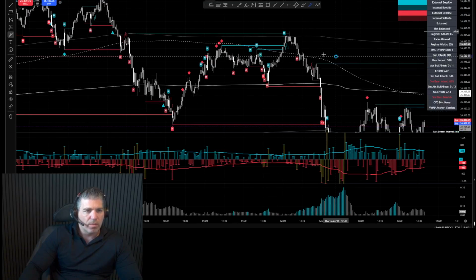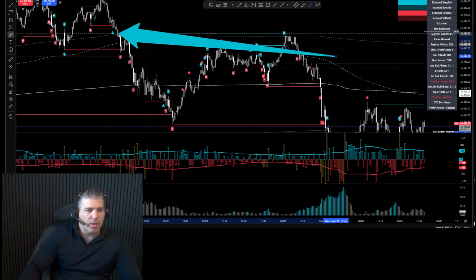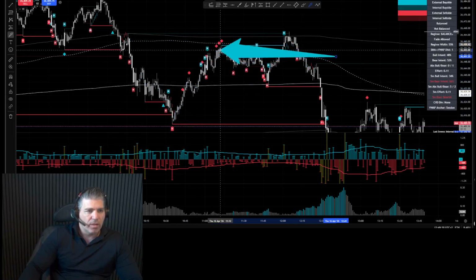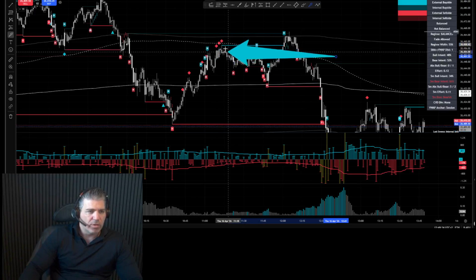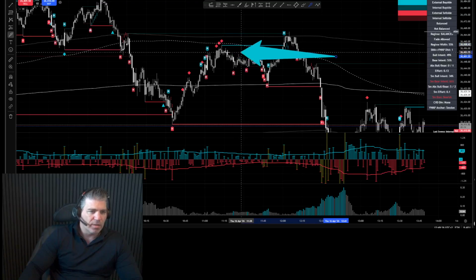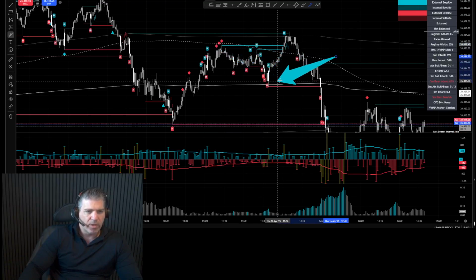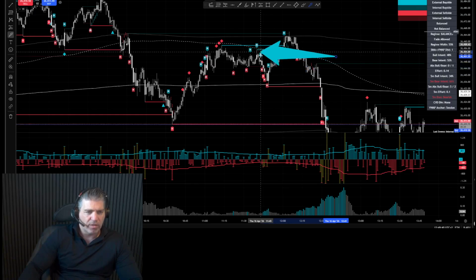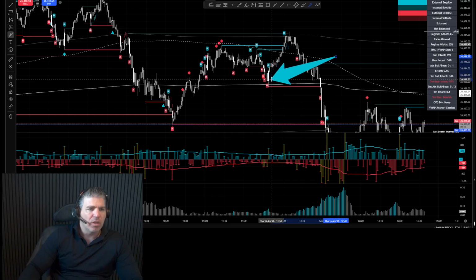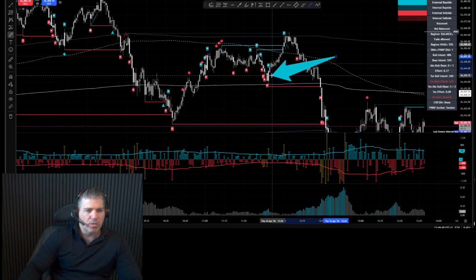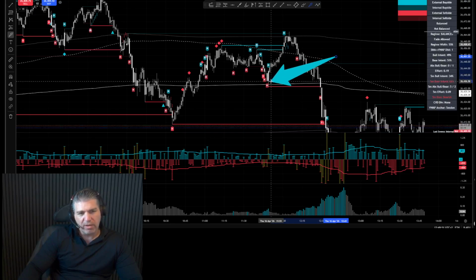was this one. As you can see here, this came back, and here you saw some delta divergence. So it looks like it's turning around, a reversal. Then you saw a lot of high effort candles and absorption. So the sellers were pushing, but there were a lot of buy limit orders defending this level.